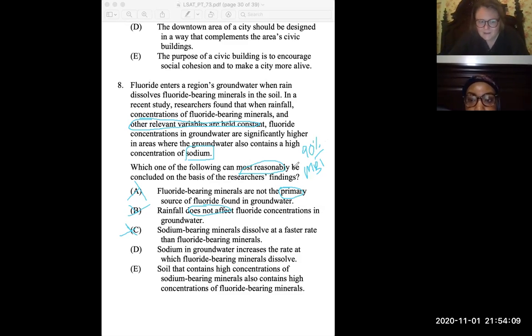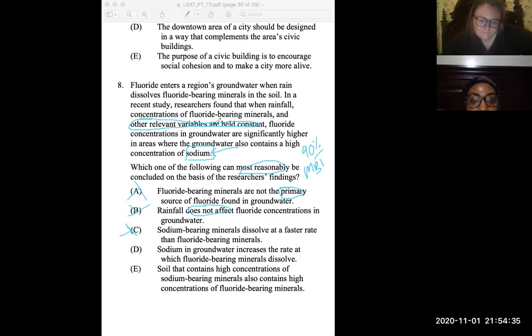But here, if everything else is held constant and this is the only thing that's different, can't we assume that the sodium is what's causing it? Is it reasonable, I should say, since it's asking is it reasonable? Okay, I can see that.